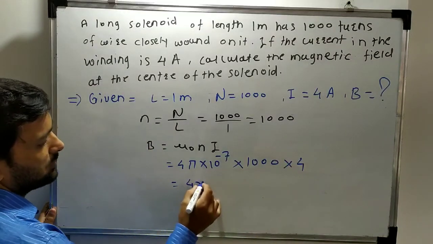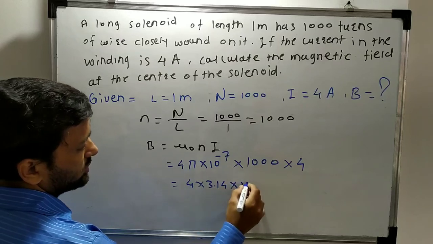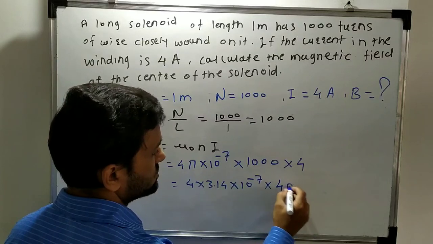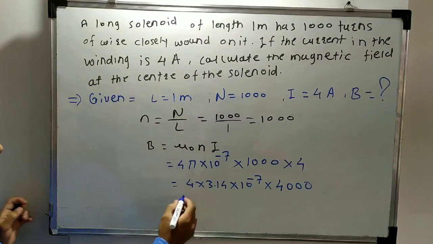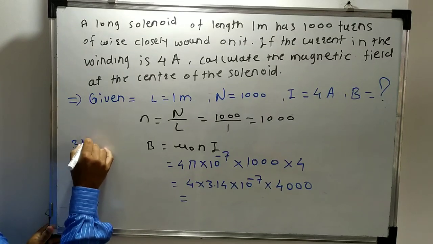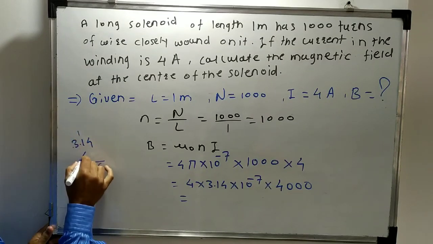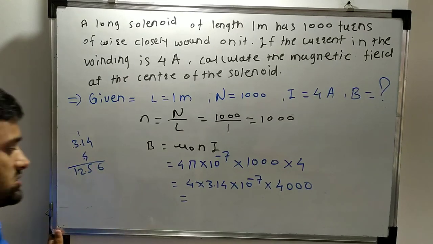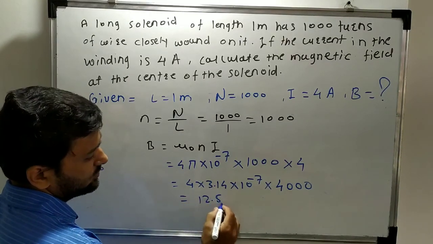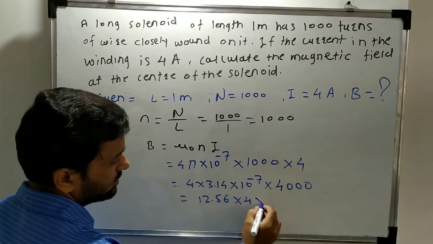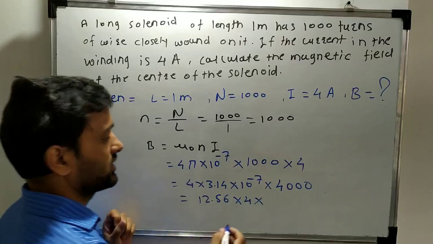What is the value of pi? 3.14 into 10 raised to minus 7. So 1000 multiplied by 4 becomes 4000. So what is the multiplication of this? It is nothing but 12.56, multiplied by 4 again.